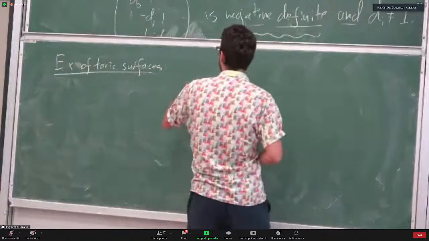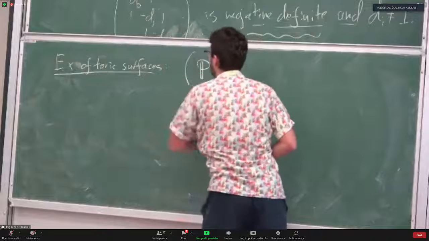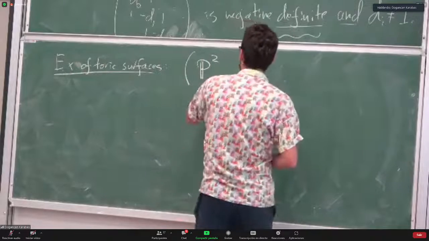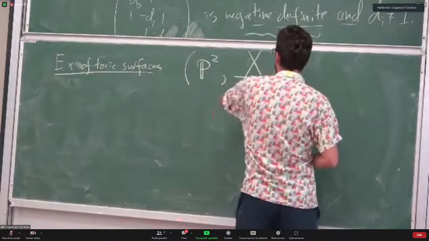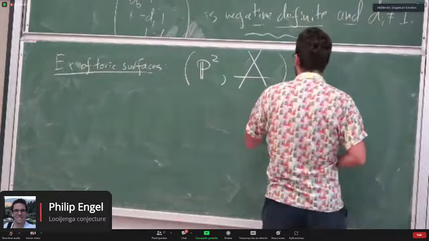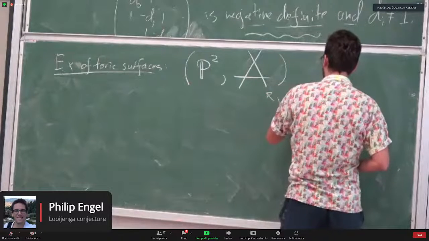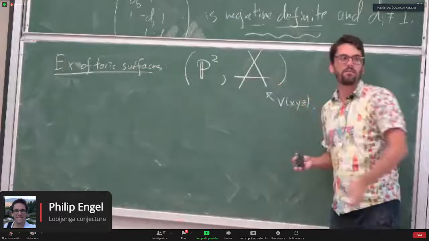We could consider a complex projective space and a set of 3 lines on it. This would be the vanishing locus of XYZ, so it's where X, Y, or Z equals 0.